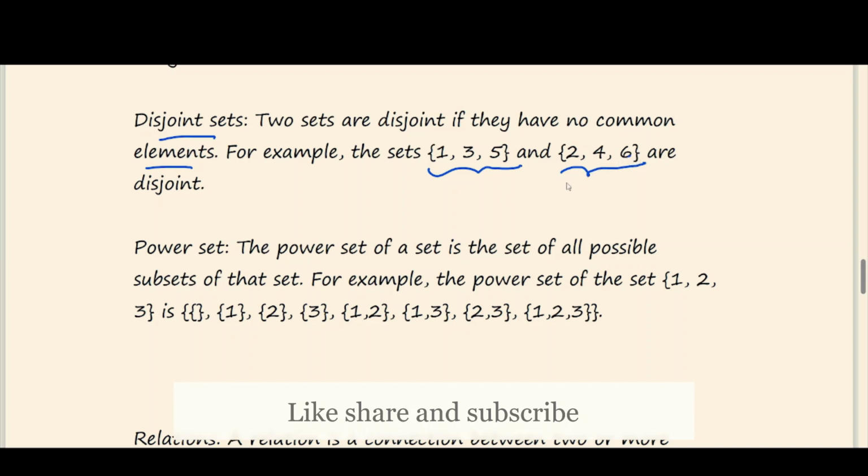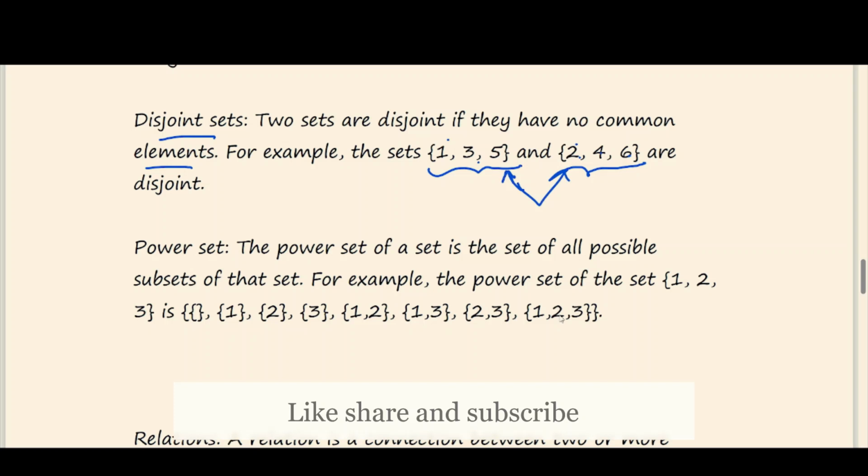So they do not have any common element. You can see 1 is not present here, 3 is also not present here, 5 is also not present here. And same here: 2 is not present here, 4 is not present here, 6 is not present in this set. So they both are disjoint. They do not have anything common.